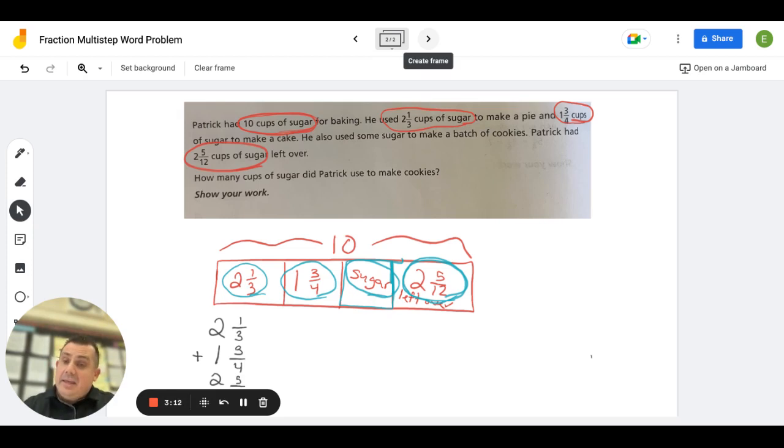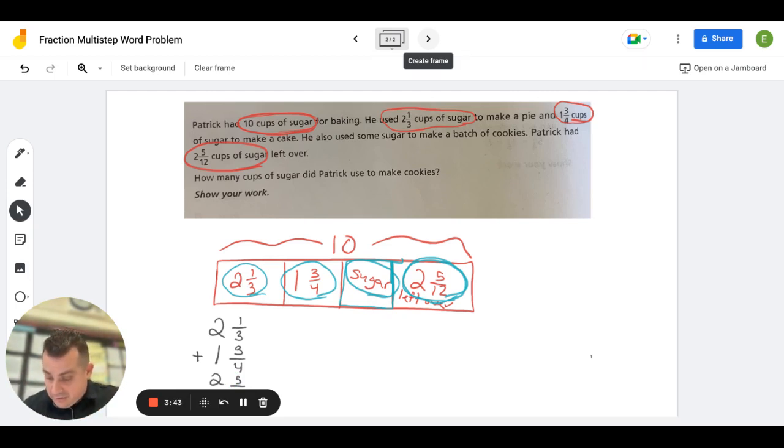Now I could choose: do I want to add them as mixed numbers or convert them into improper fractions? That's up to you. Here, I see right away my denominators of 3, 4, and 12, so I know my common denominator is going to be 12. 3, 6, 9, 12. 4, 8, 12, and then my 12 just stays where it is.